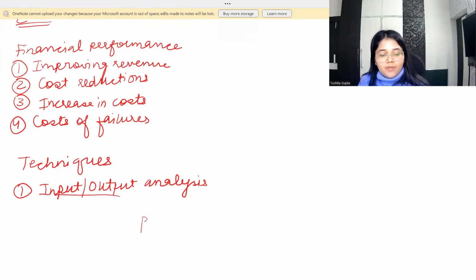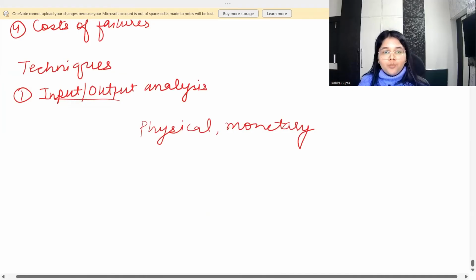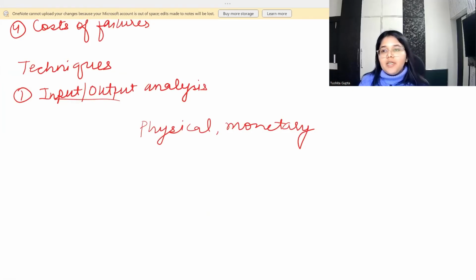You will be considering both the physical as well as the monetary terms. Physical as in how much input you are putting in to get how much output, and money as in how much money you are inputting and how much money you are getting out of the project is what the input-output analysis will focus on.